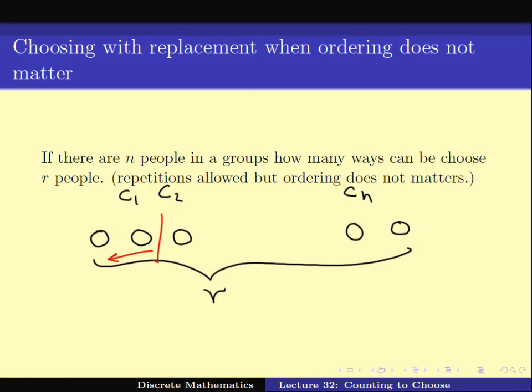This implies that constable 1 gets 2 positions among the R positions. Similarly, for constable 2, I will draw a line here, and whatever number of points are between the constable 1 line and the constable 2 line, in this case 0, is the total number of positions that constable 2 gets. Here constable 2 doesn't get any position.